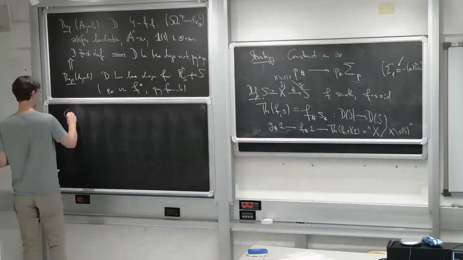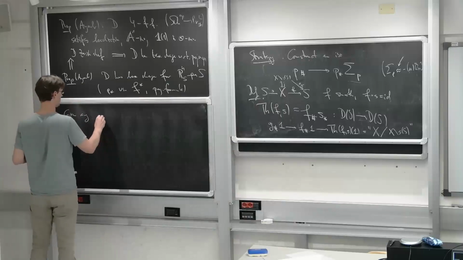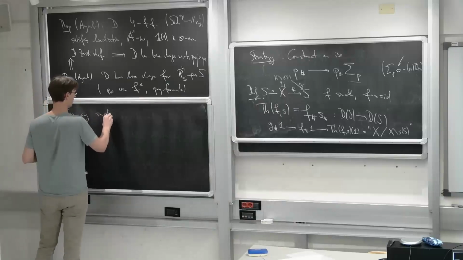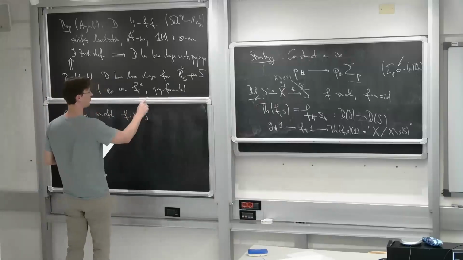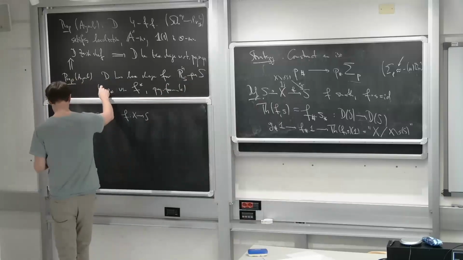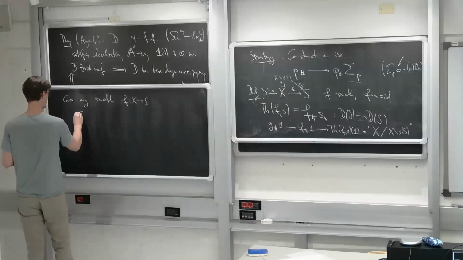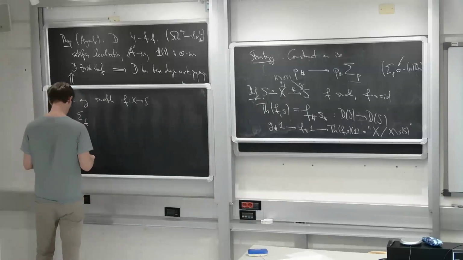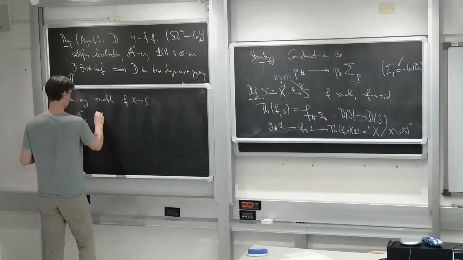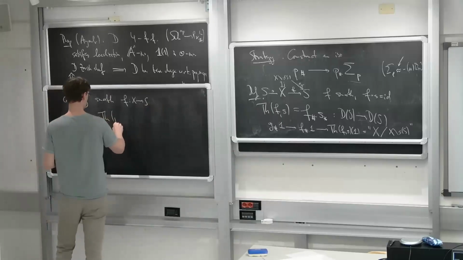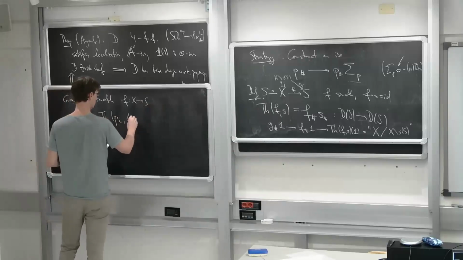So given now any smooth f from x to s, this f will be our p in a moment. We can define this Thom space functor, or Thom functor, to be this guy there applied to the second projection and the diagonal, right?